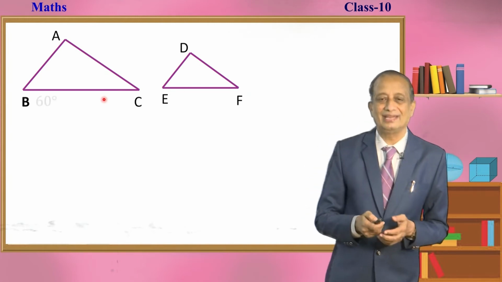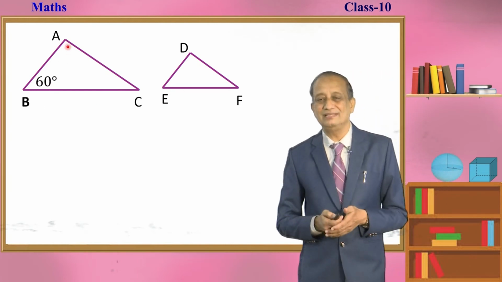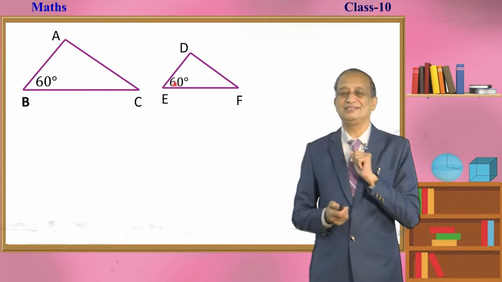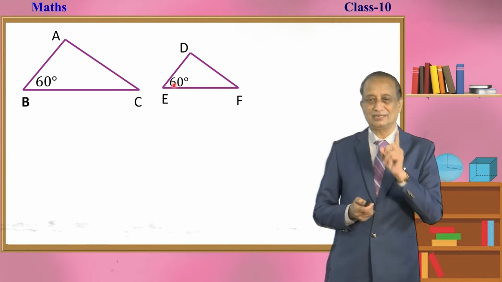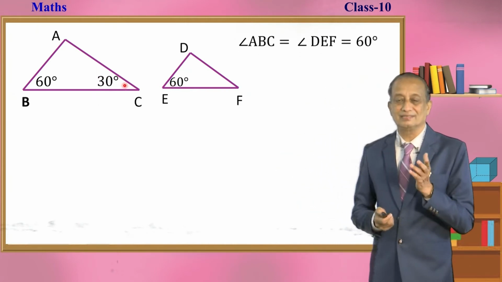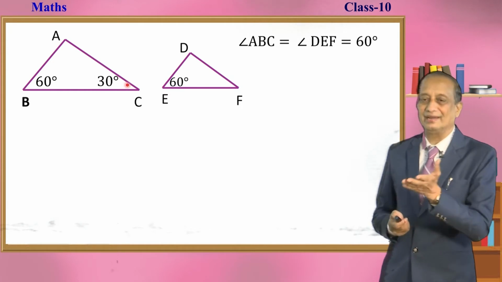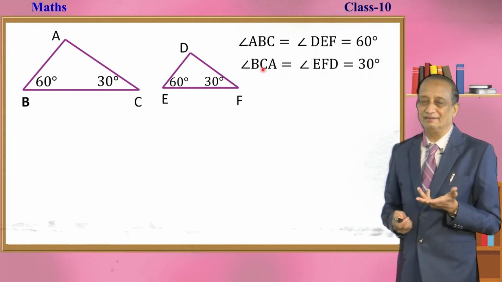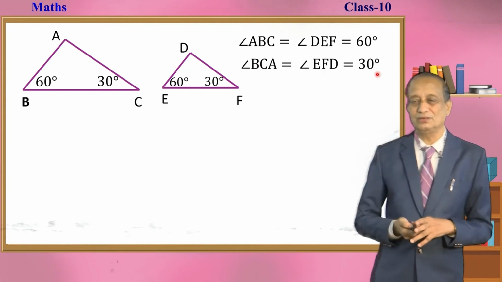Say in this case you can see that angle B is 60, and angle E is also 60, children. Okay. Now, let us come to angle C and F. In this case angle C is say somewhere around 30 degrees and angle F is also 30 degrees. Therefore, angle C and angle F are equal and each equal to 30 degrees.